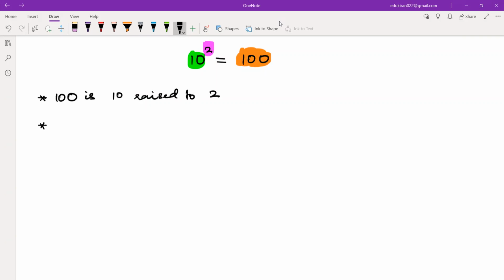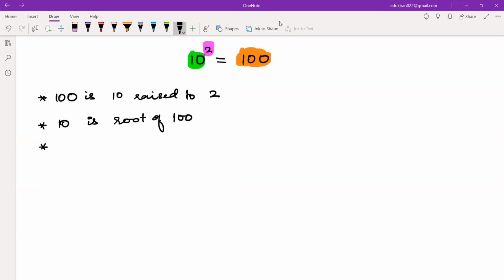And 10 is 100 raised to the inverse of 2, or 1 by 2. Yes or no? Tell me. Yes guys, you know root, right? Root means half, yes, sir. So 10 is the root of 100, and that root means 1 by 2.